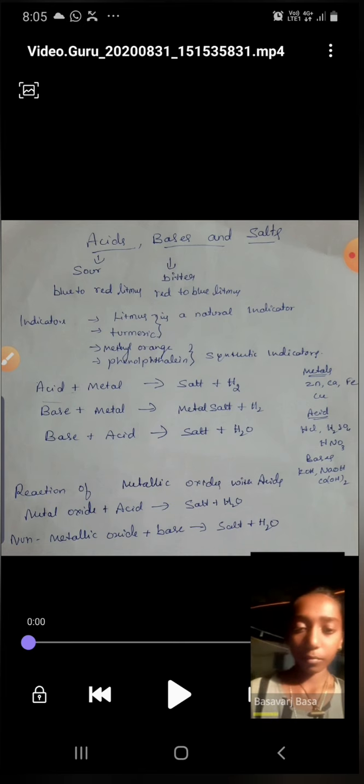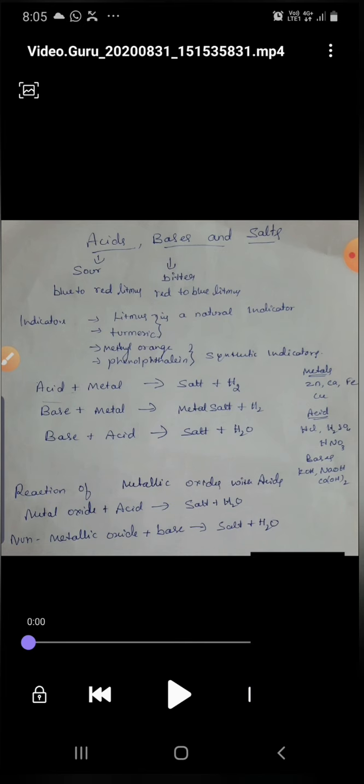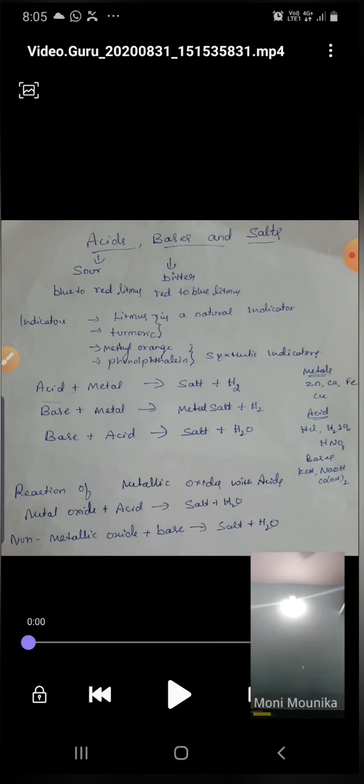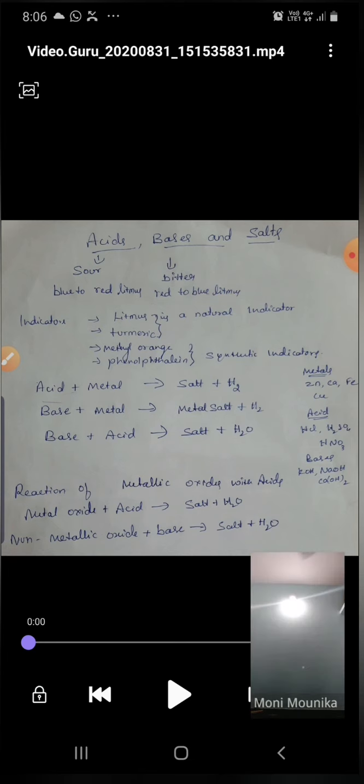I have written KOH, NaOH, Ca(OH)2. These are the bases. That means potassium hydroxide, sodium hydroxide, calcium hydroxide. So these bases react with metals to form metal salt and release of hydrogen.